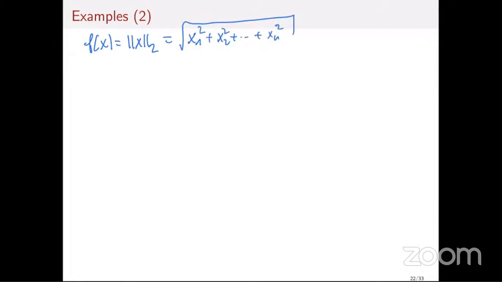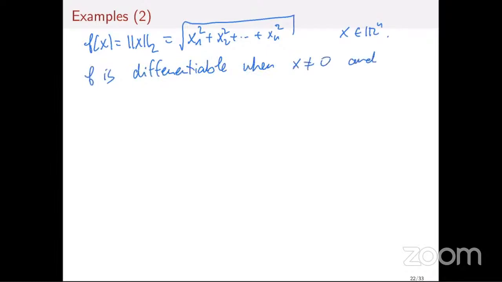Here x is in Rn. You can show that f is differentiable when x is non-zero. And in this case, the gradient of f at x, it's not so difficult to prove, is just x divided by the norm of x.